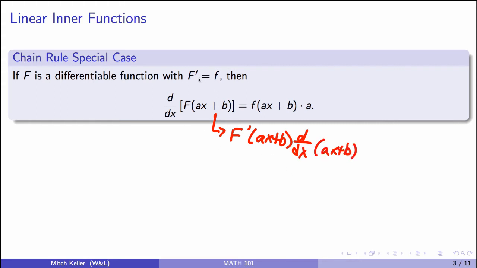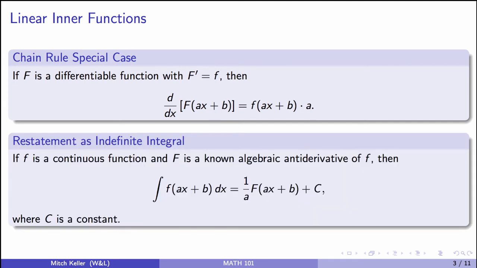But big F prime was little f, and d dx of ax plus b is just a. So that was the first form of the chain rule we saw, and it's one of the most common forms of substitution that you'll be using.